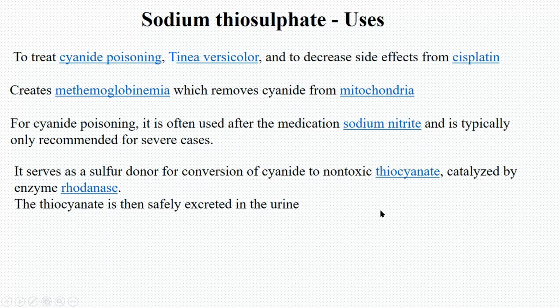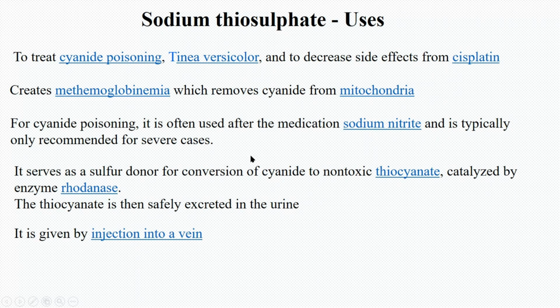Thiocyanate's chemical formula is N=C=S. For this conversion, it utilizes the enzyme rhodanase, and the thiocyanate is excreted from the body easily in the urine.